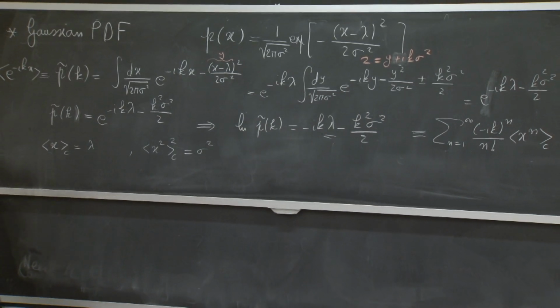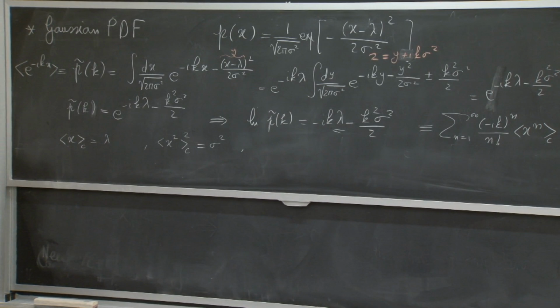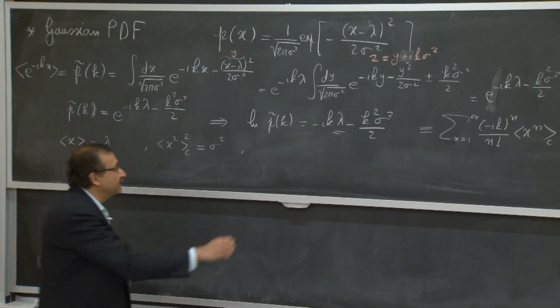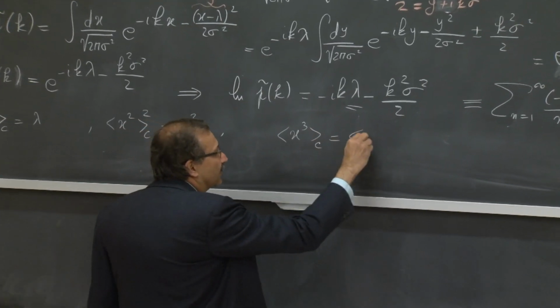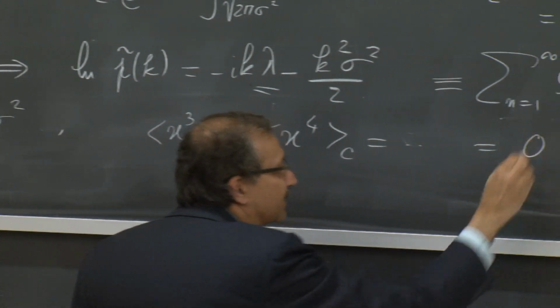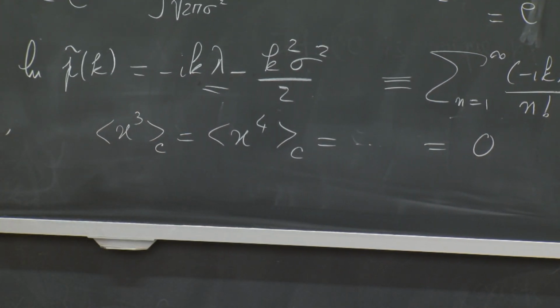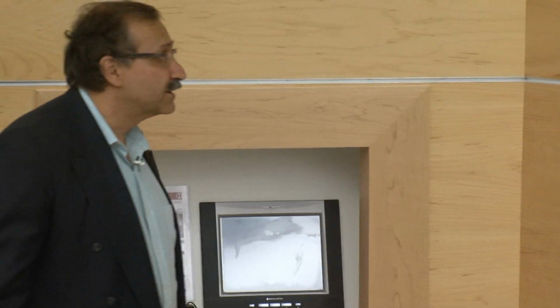But one thing that is interesting is that our series now terminates, which means that if I were to look at the third cumulant, the fourth cumulant, and so forth, for the Gaussian, they're all 0. So the Gaussian is the distribution that is completely characterized just by its first and second cumulants, all the rest being 0. Okay?